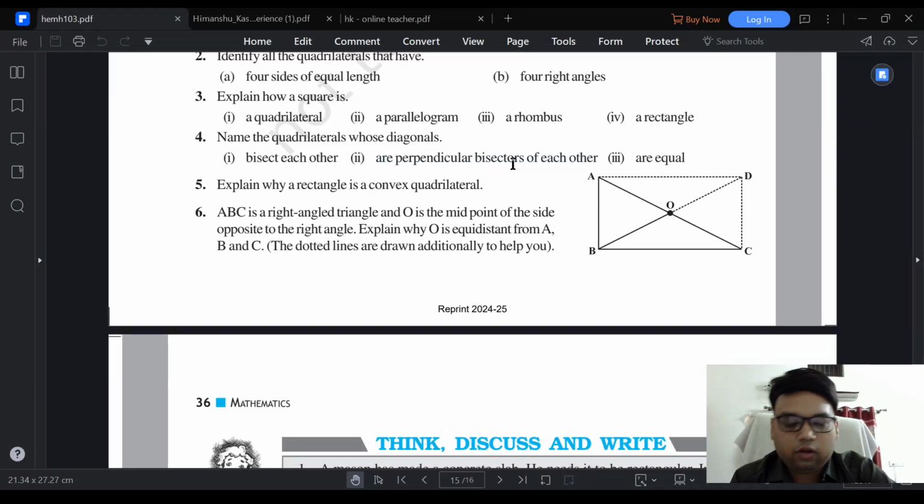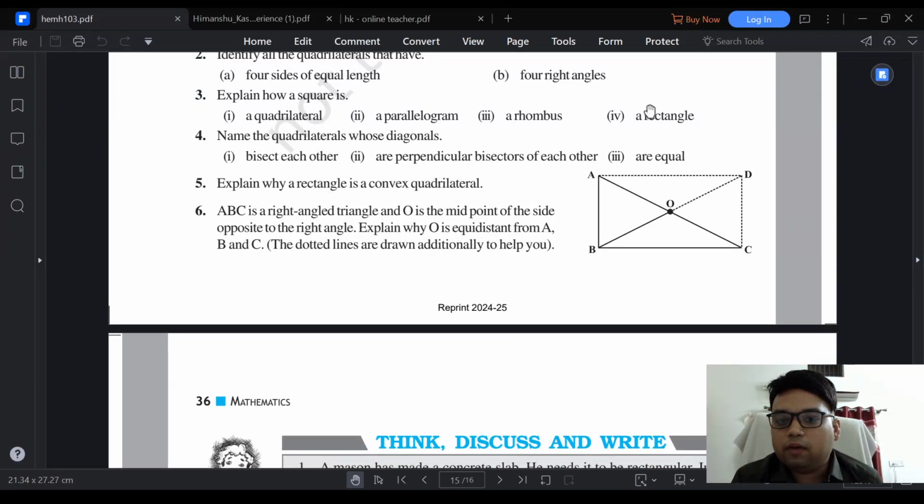Now perpendicular bisectors are not made in the rectangle. They are made only in rhombus and square, because in a rectangle two sides are not equal to each other, but in rhombus and square all sides are equal. Diagonals equal. Again, for question number 2 and question number 3, the answer is square and rhombus.